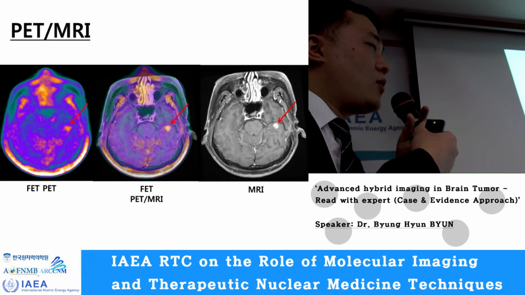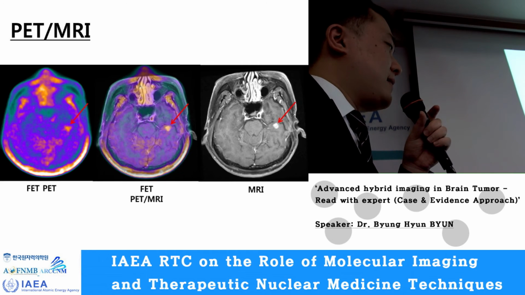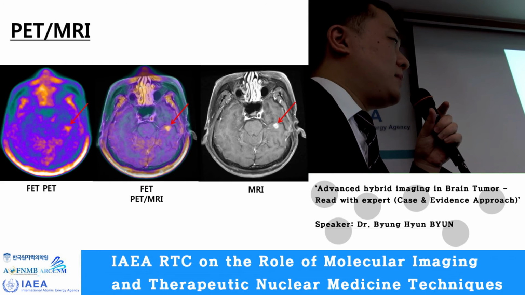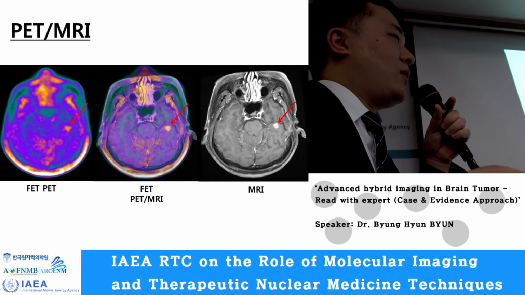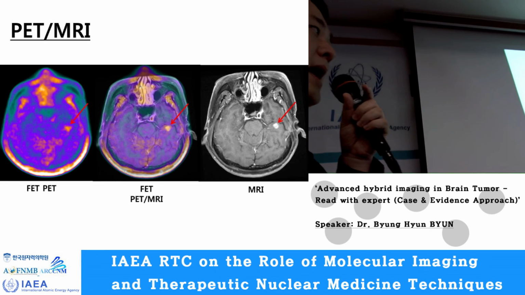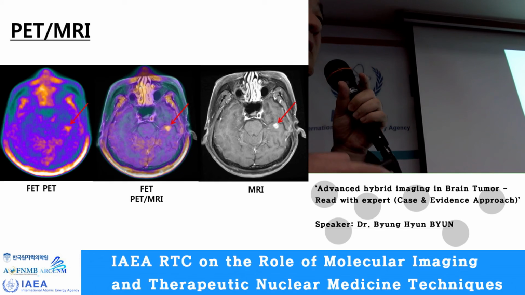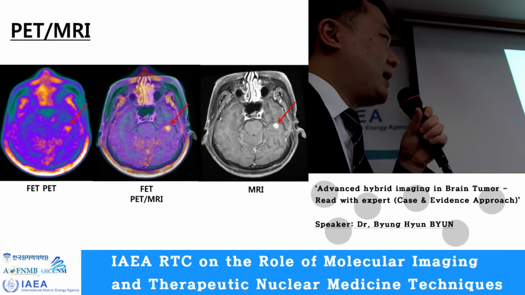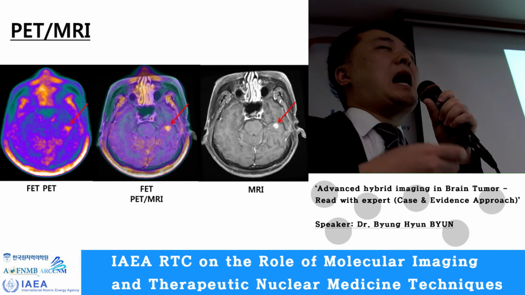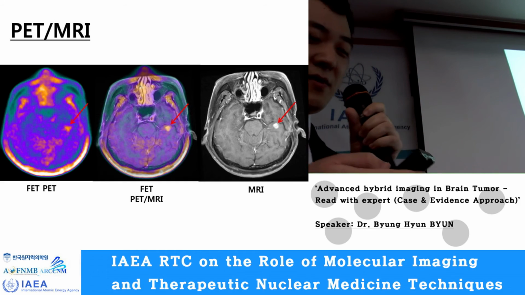When we co-register these two images, we can say that this increased uptake on FET PET corresponds to the region on MRI. So it can be helpful for the diagnosis, with PET MRI and multiparametric imaging.